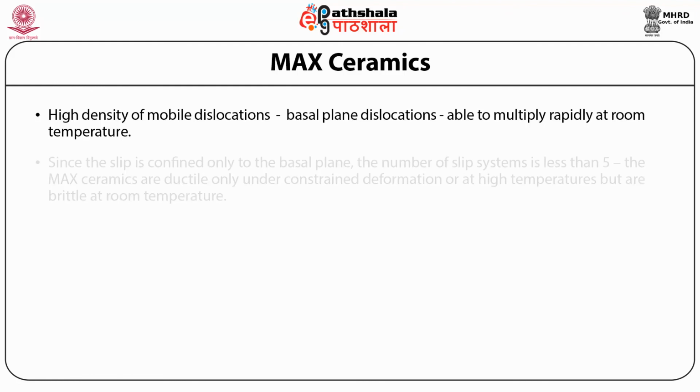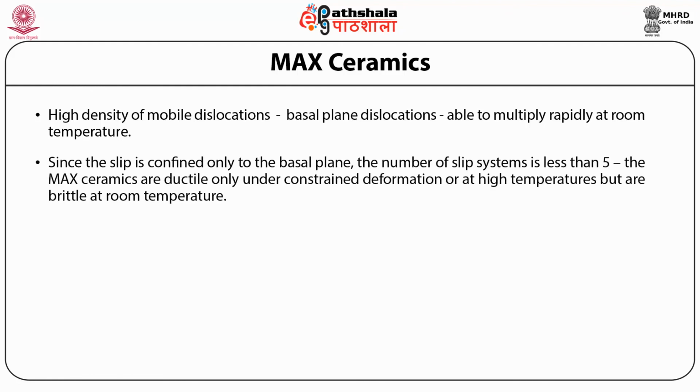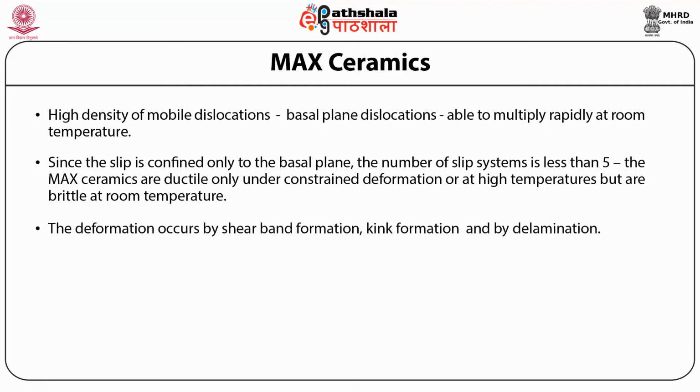However, since the slip is confined only to the basal plane and the number of slip systems is less than 5, the number needed for good ductility, the result is that the MAX ceramics are ductile under constrained deformation or at high temperature, but brittle at room temperature. Therefore, deformation occurs by shear band formation, kink formation and by delaminations.